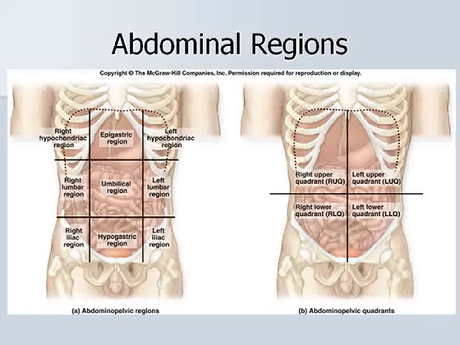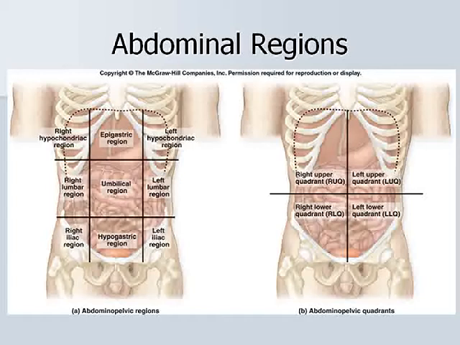The other thing I want you to make a mental note on, based on this slide, because it will be a question on the exam, are the major organs and what quadrants they appear in. The majority of your liver and gallbladder are in the right upper quadrant. Your stomach and spleen are in the left upper quadrant.